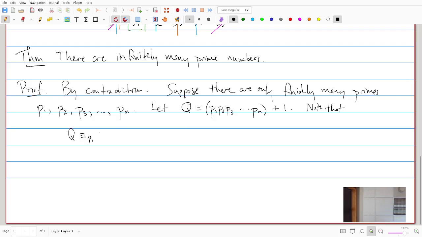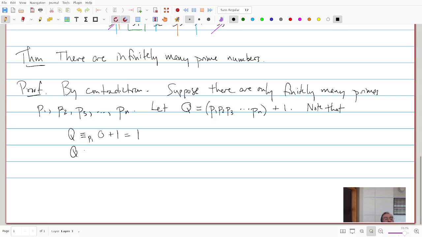So that is equivalent to 0 mod P1, because it's a multiple of P1. It has no remainder. And then 1, of course, is just 1. Does that make sense? Or in other words, Q is 1 more than a multiple of P1. That's obvious here because it's P1 times the big thing plus 1.